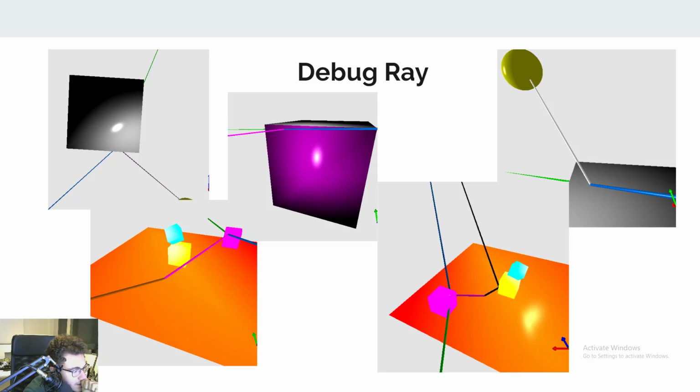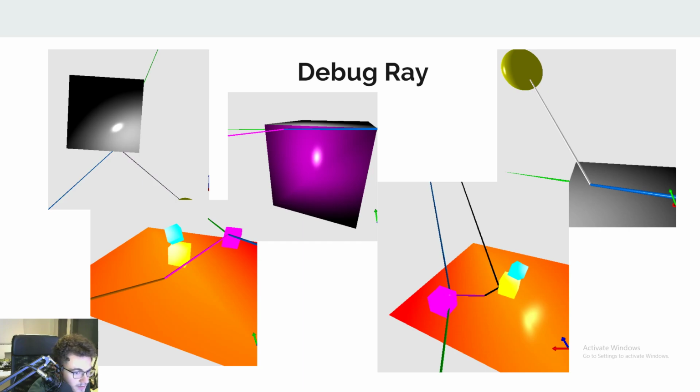For the debug ray, it reflects a ray at the intersection points, and it also refracts a ray. The refraction ray is green. Refraction is only done for one level, but reflection is done n times, however many times we choose, and we can see it.